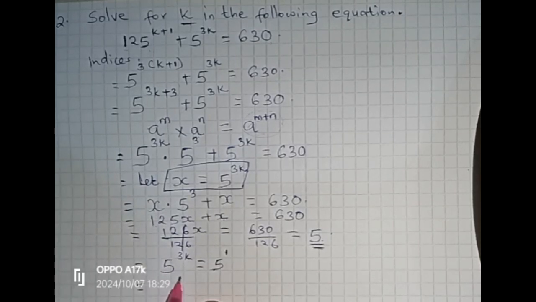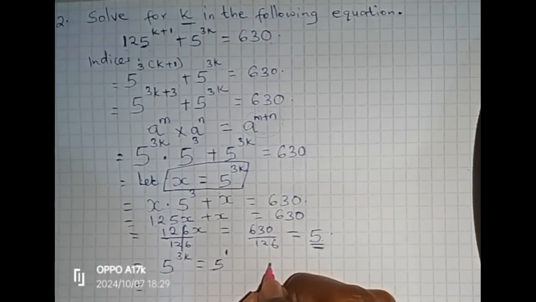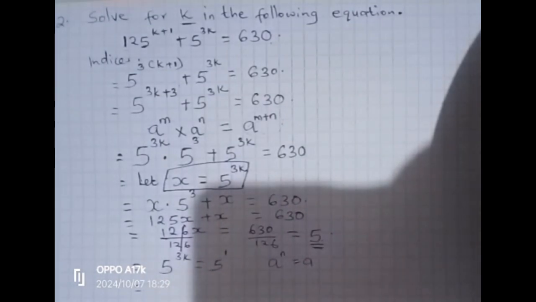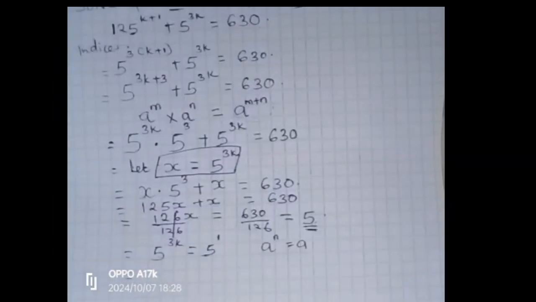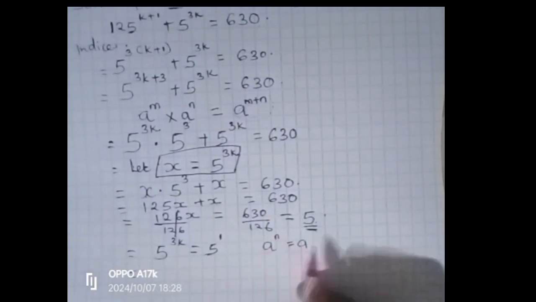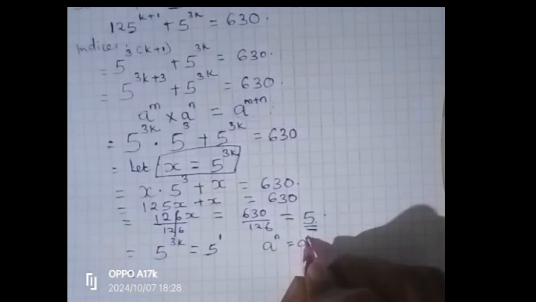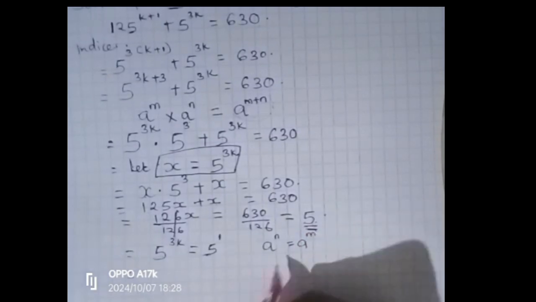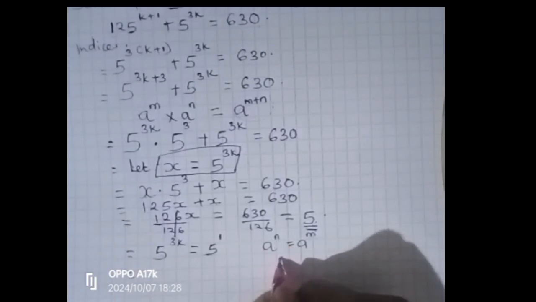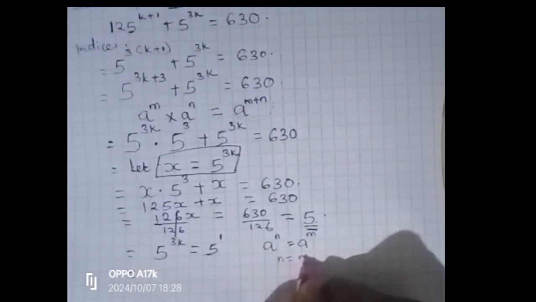Now remember that there is a law that says if a to the power of n is equal to a to the power of m, where the bases are the same, then n is equal to m.